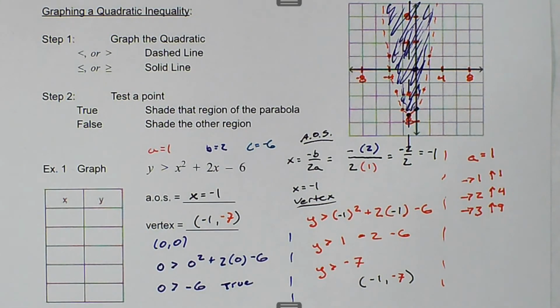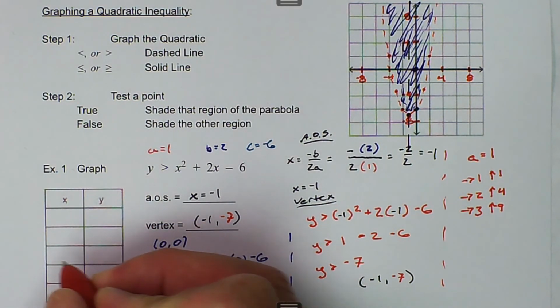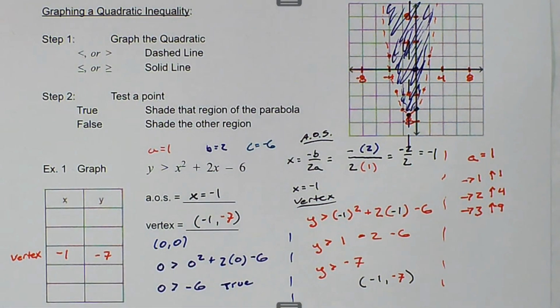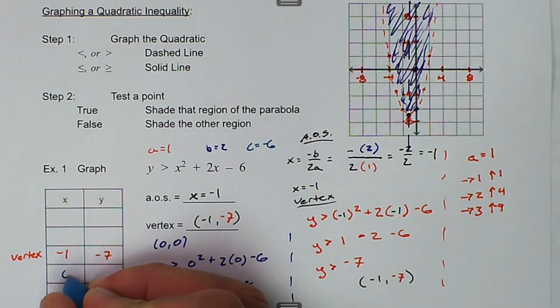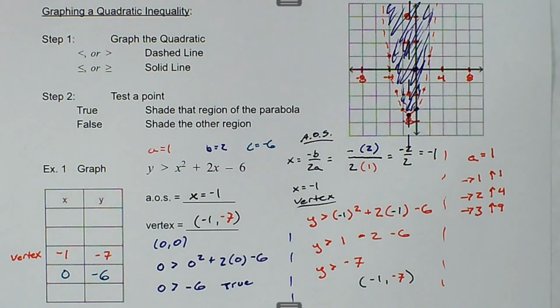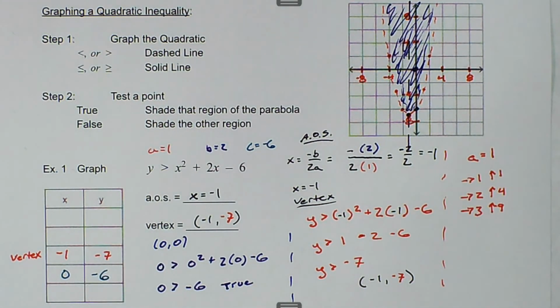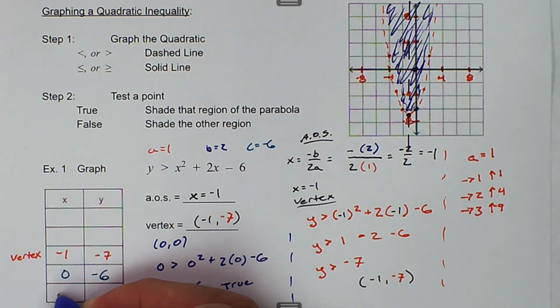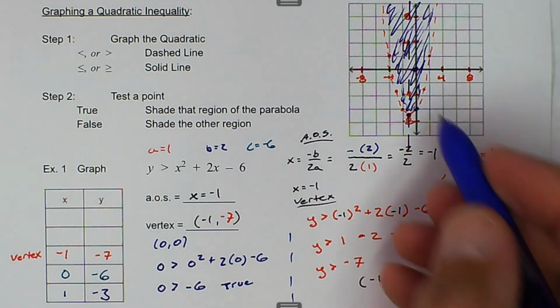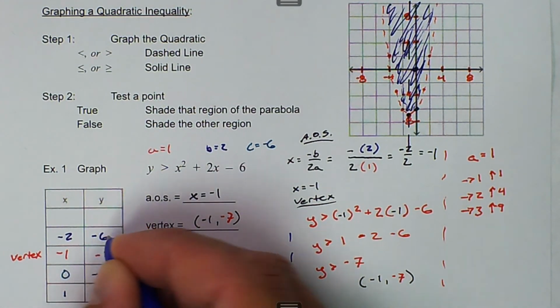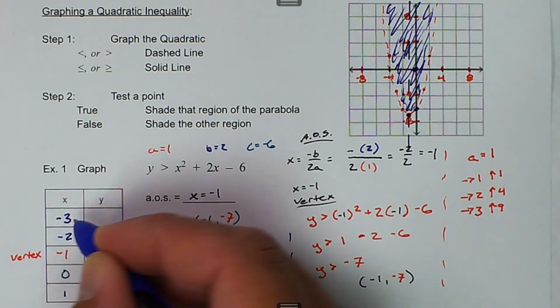And some good points that we had: negative 1, negative 7 was the vertex, then we had 0, negative 6, which was the y-intercept, and then we had 1, negative 3, and we had negative 2, negative 6, and then we had negative 3, negative 3.